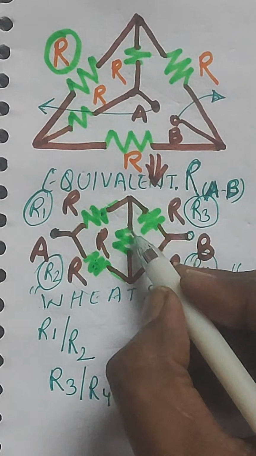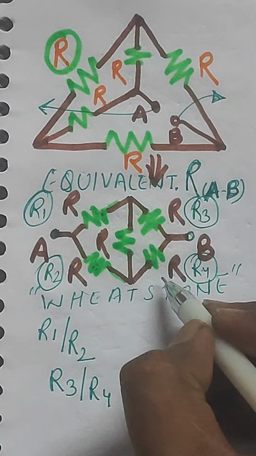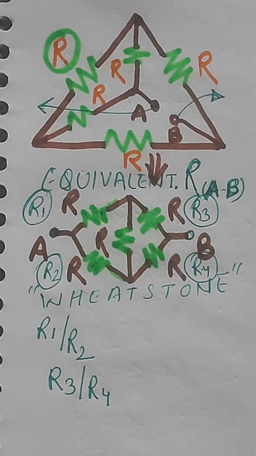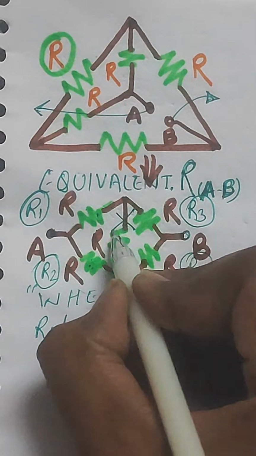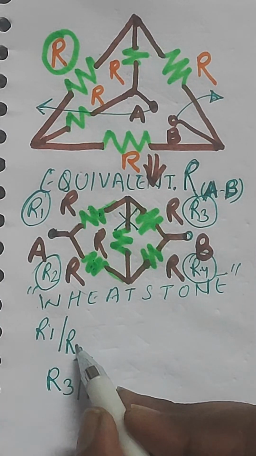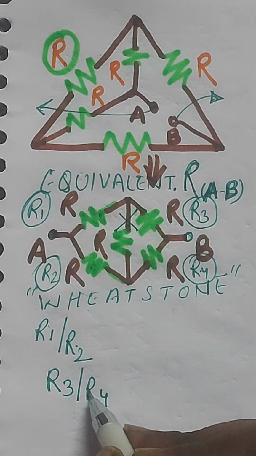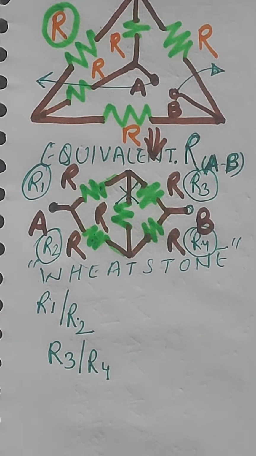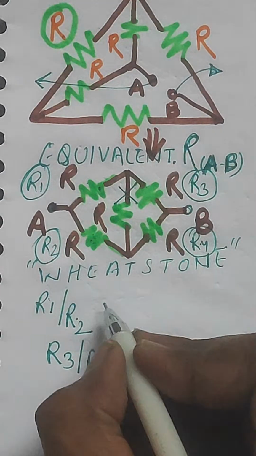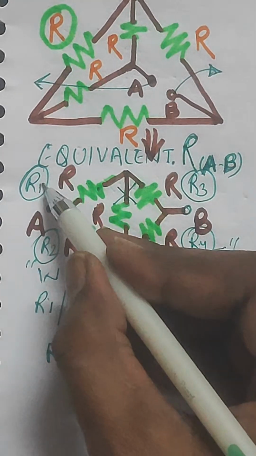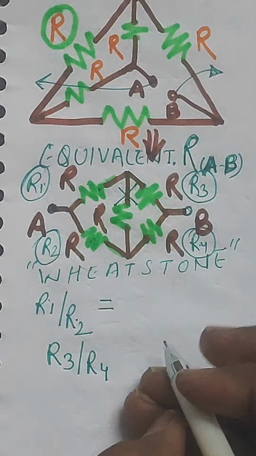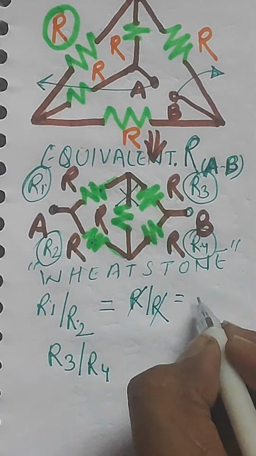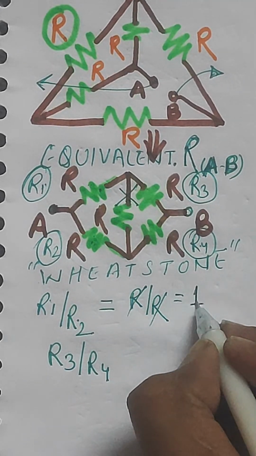current or voltage. So in the Wheatstone bridge, in the central branch, there will be no current flowing through it if the ratio of R1 by R2 and R3 by R4 are equal, right? So students, here R1 by R2 is nothing but R by R, which is cancelled, and we have 1.